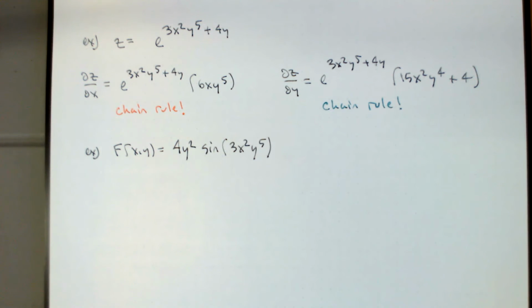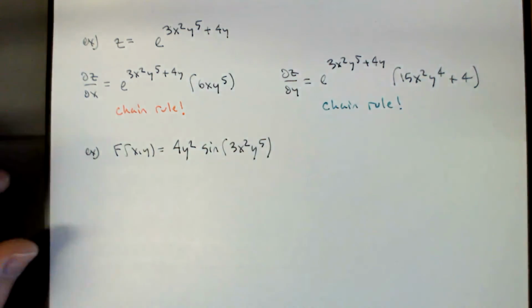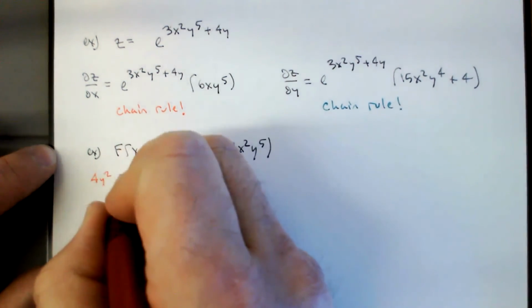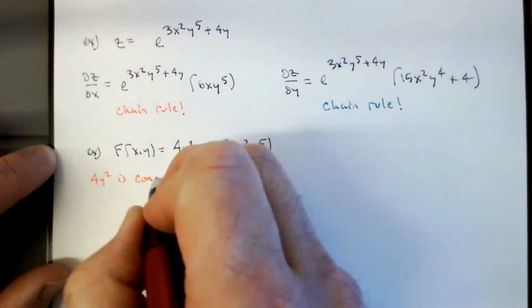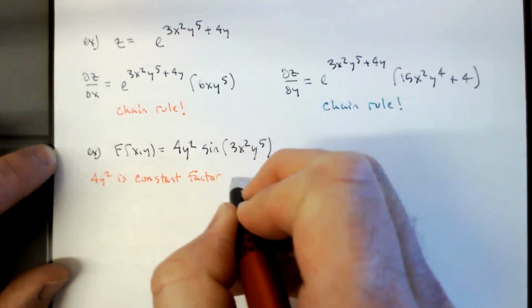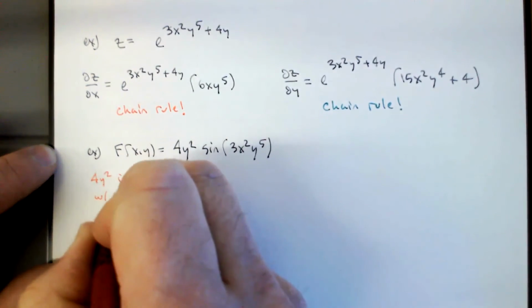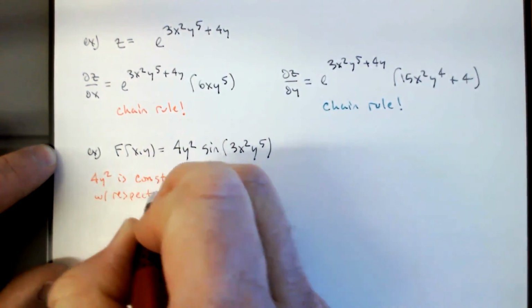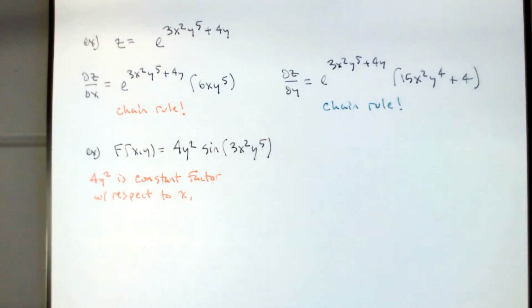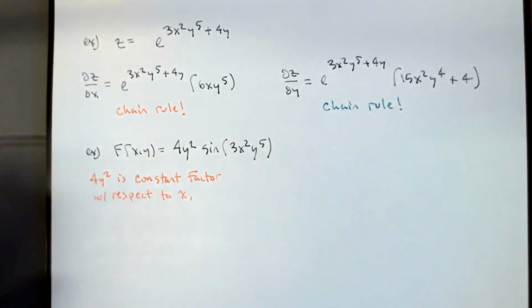So 4y squared is constant with respect to x, so we don't use the product rule. 4y squared is a constant factor with respect to x. So we're not going to use the product rule for the derivative with respect to x.